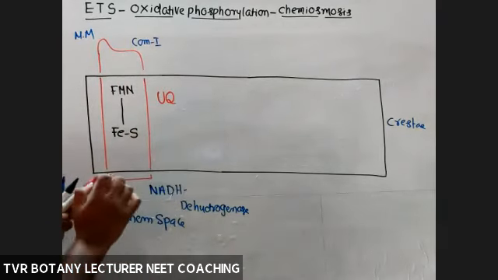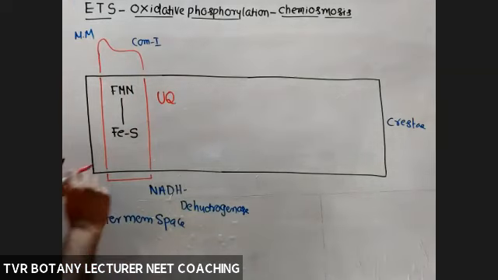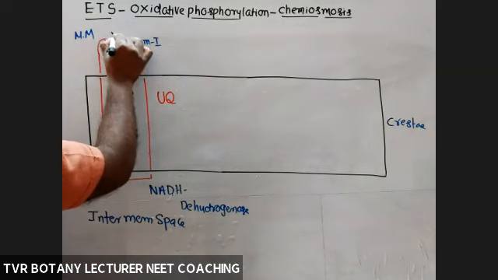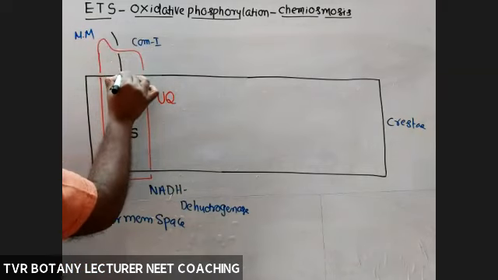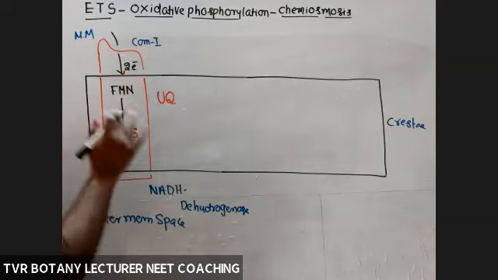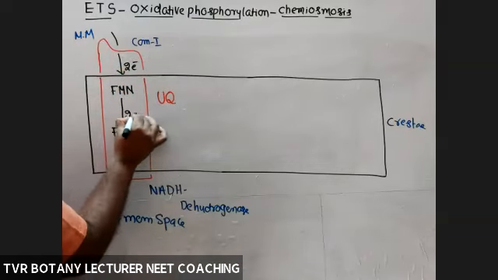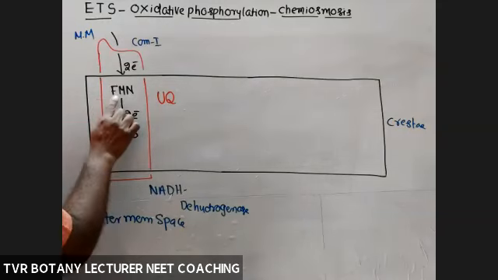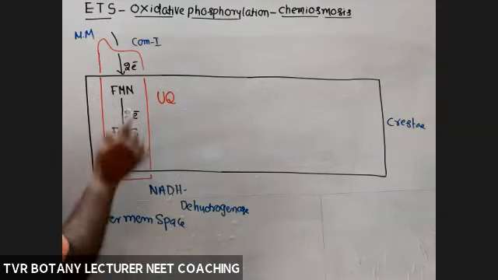Okay, right? So what about the flow of electrons? For example, take 2 electrons. And I will give you a mechanism. Let's see the flow of electrons. These 2 electrons are coming from oxidation of NADH. Okay, right? 2 electrons accepted by this iron sulfur center.